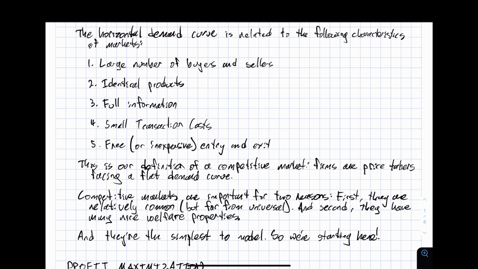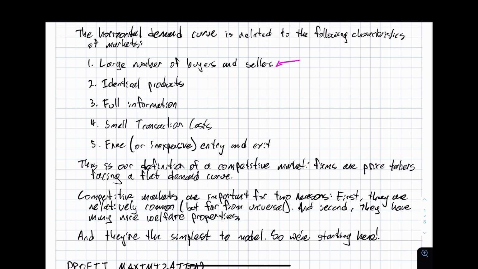Probably in most perfectly competitive markets, the horizontal demand curve comes from a combination of many of these. So when we have a very large number of buyers and sellers, we get a perfectly flat demand curve for the firm.